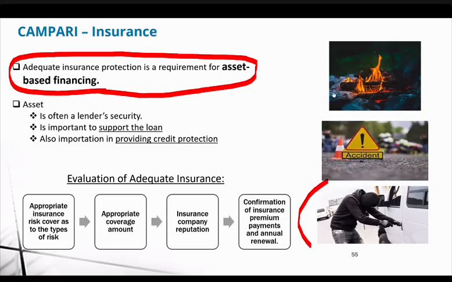I believe in hire purchase law, they call it comprehensive insurance for motor insurance, because the asset is often the lender's security. It's important to support the loan and also important in providing credit protection. An evaluation of adequate insurance covers appropriate risk cover as to the types of risk, appropriate coverage amount, insurance company reputation, confirmation of insurance premium payments, and annual renewal.